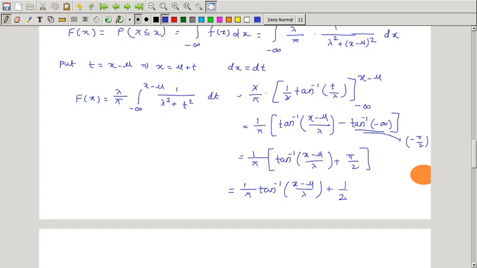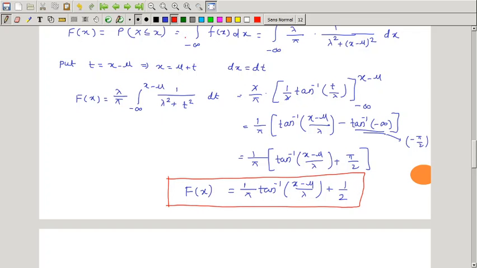This is the distribution function of the Cauchy distribution.